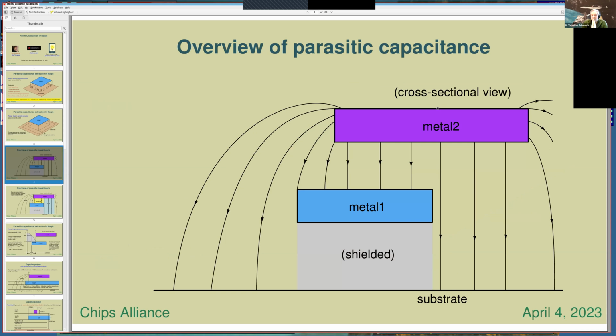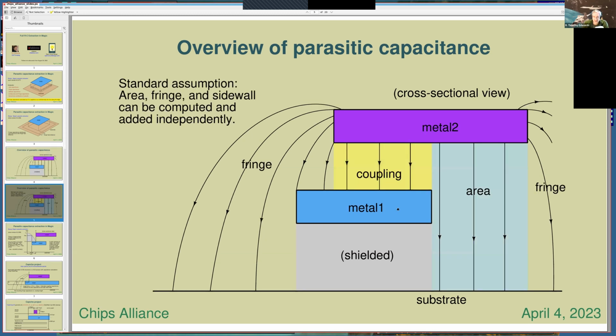You can separate out your plate capacitance, which is an easy analytic expression, and then add that to your fringe capacitance. For instance, here you've got metal 2 on top, metal 1 on the bottom, and the metal 1 is shielding your capacitance from the substrate, and you can divide the shielded part again between the part of the area capacitance that's shielded and the fringe capacitance that's shielded. So you've got various expressions and coefficients going into your model based on your area, your fringe, and what part is shielding, and so forth.